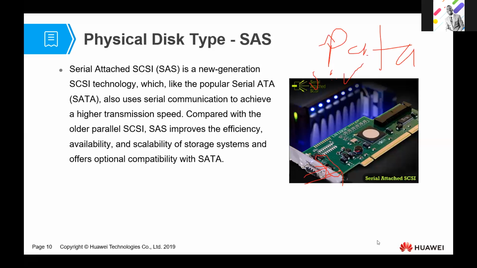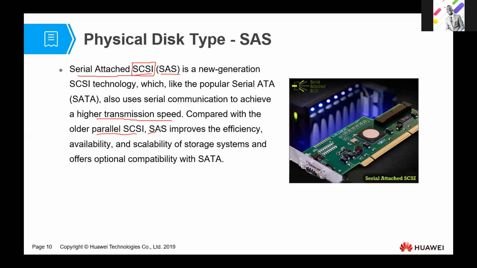So let us also try and look at SAS. We are saying here that serial attached SCSI is a new generation, sometimes they call it SAS. So like the popular serial ATA, it also uses serial communication to achieve higher transmission speed compared with the older parallel SCSI, or what we are calling SAS.